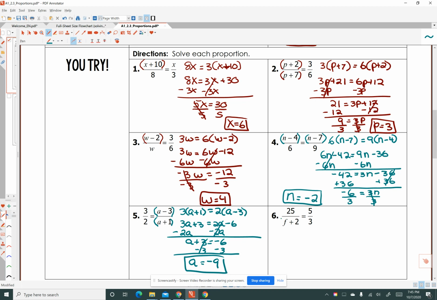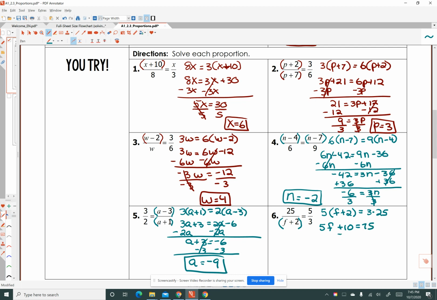And number 6, last problem on this page, we have 5 times the quantity of f plus 2 equals 3 times 25. So when we distribute, that would be 5f plus 10 equals 75.